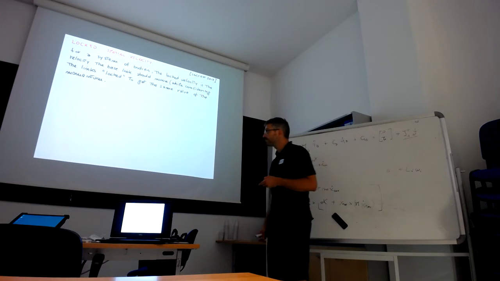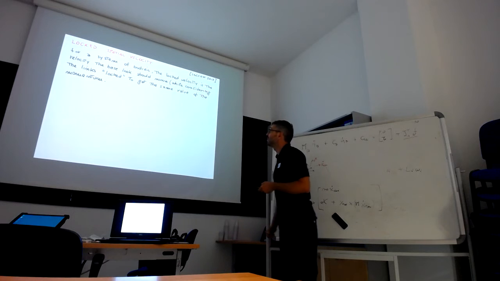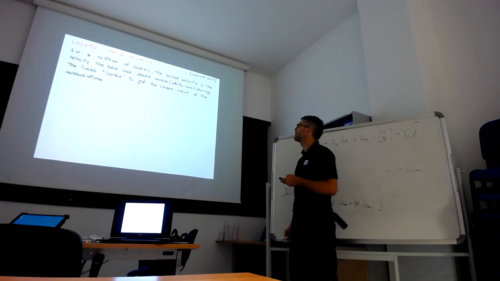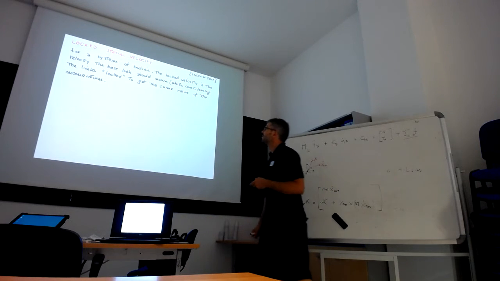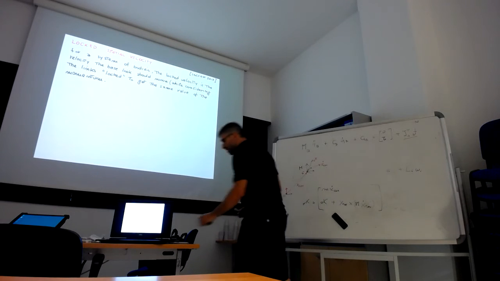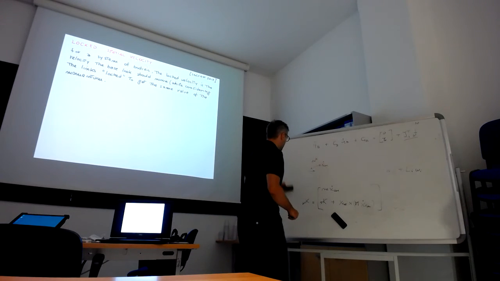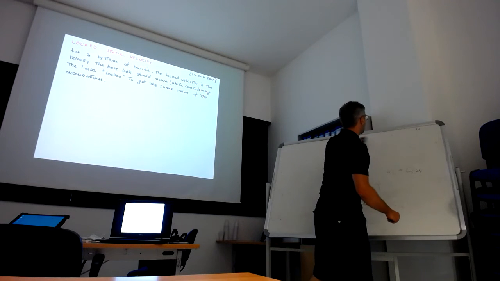Now let's talk about the locked spatial velocity, because we will need this. It's for a system of bodies. Let's think of a system of particles moving around.